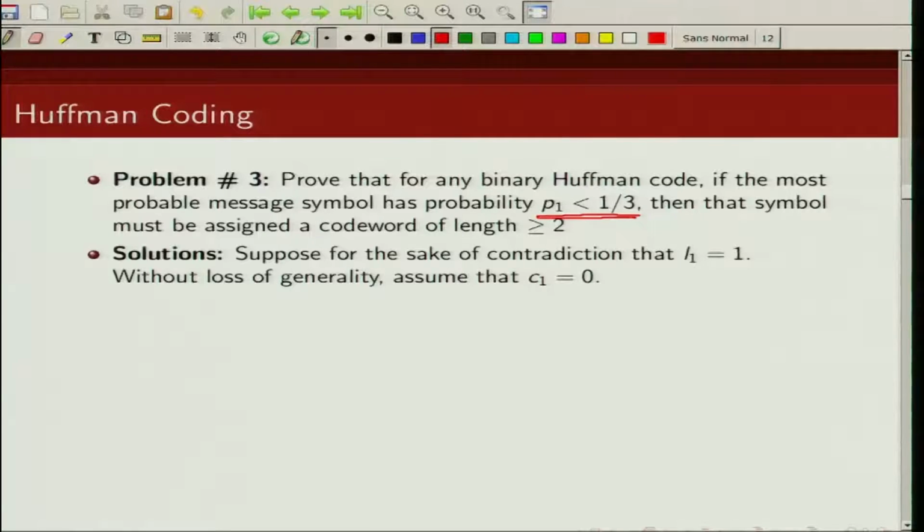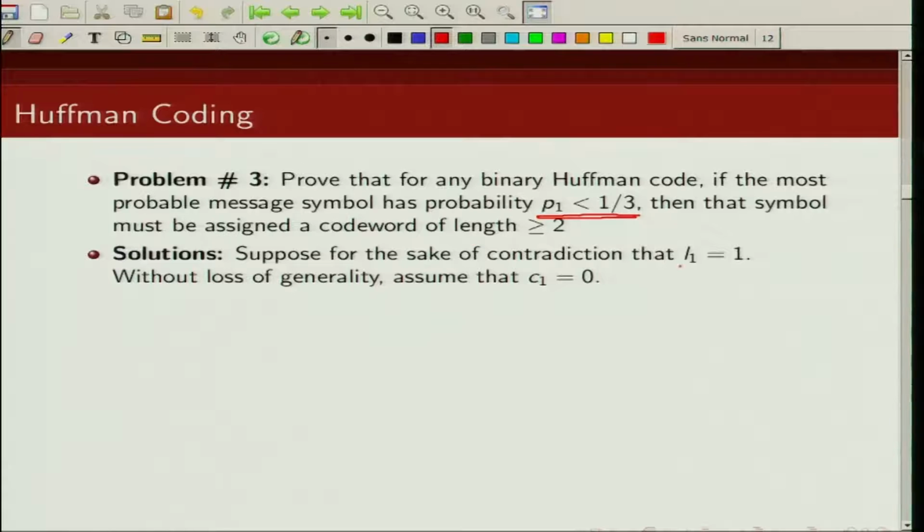We will show that it is not possible for it to be assigned a code word length of 1. Hence we will prove that it requires at least a code word of length 2.